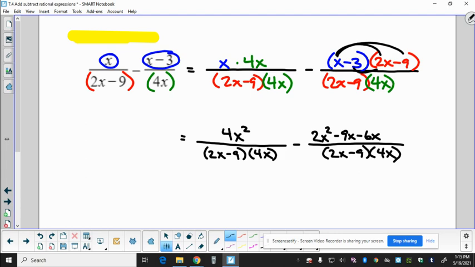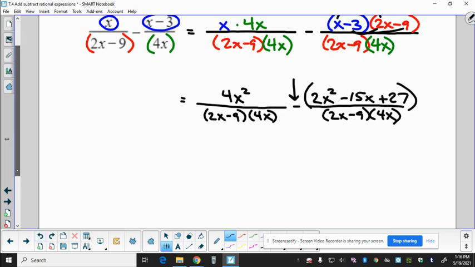So that'd be a negative 15x, wouldn't it? And plus 27. Now I want to highlight something. You have this minus sign, don't we? It's like a distributive property there. So we got to be careful with this.